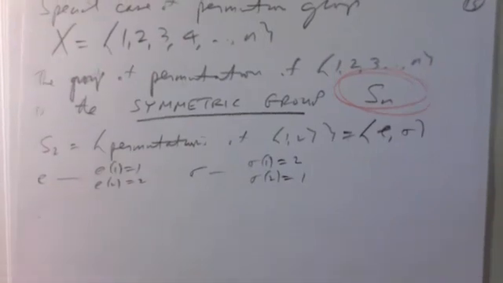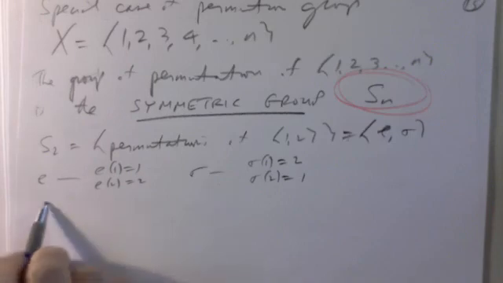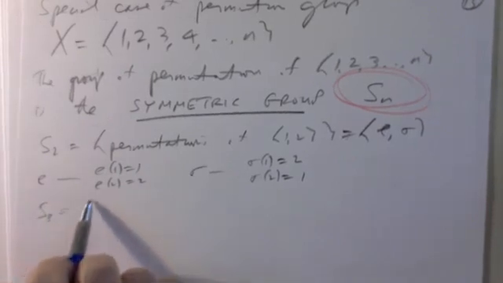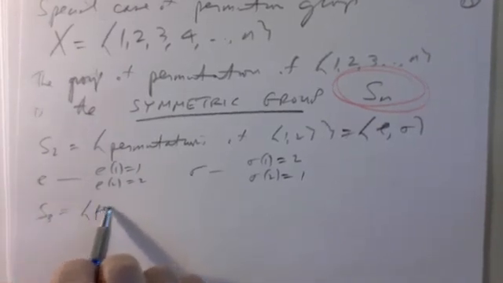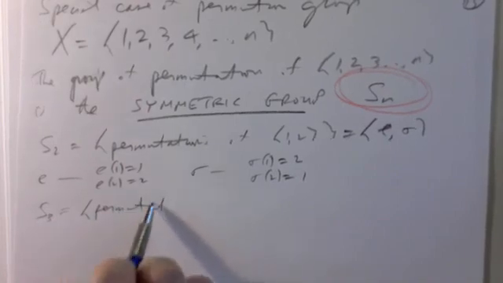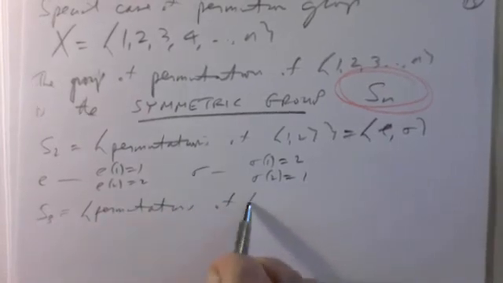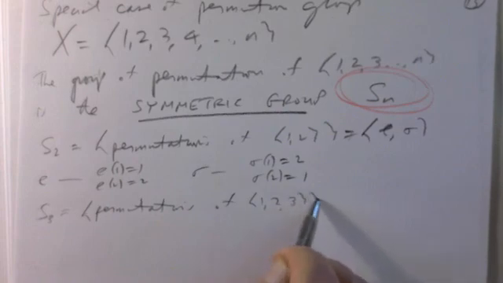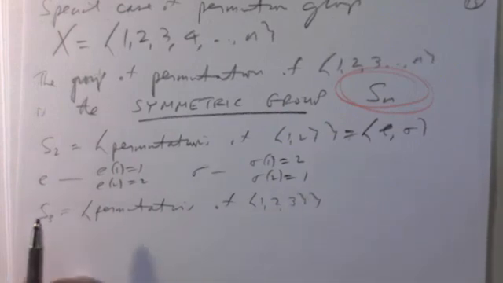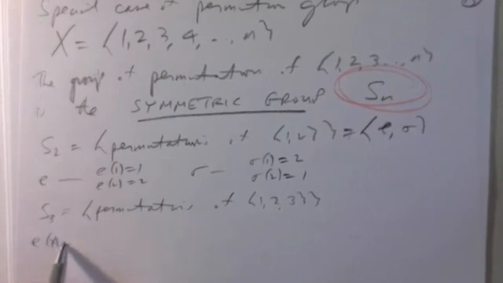If you let S3 be the set of permutations of 1, 2, and 3, there are more of them. So we have the identity defined by E of x equals x.